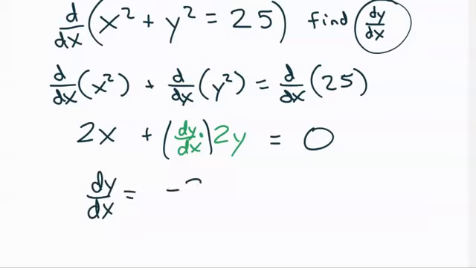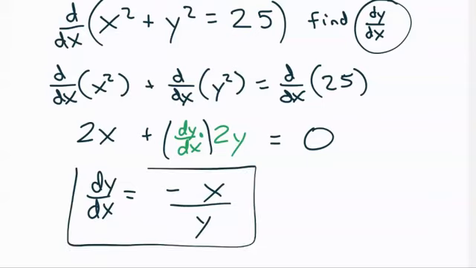So I get negative 2x, and then divide both sides by 2y to get this one to cancel out. So dy dx equals negative 2x over 2y, and obviously the 2's can cancel, so I end up with negative x over y. So there's an example of taking the derivative using implicit differentiation.